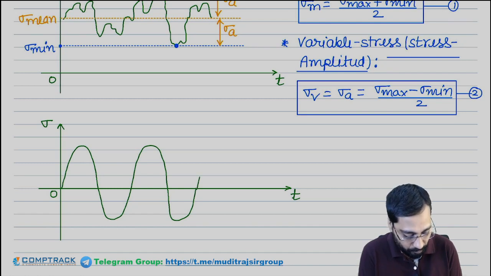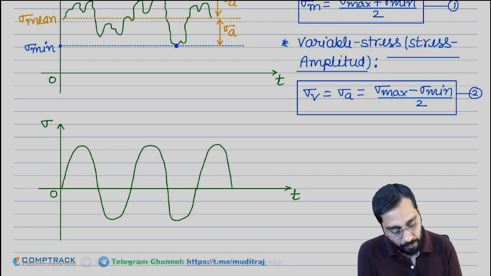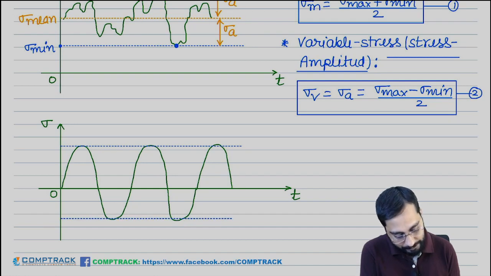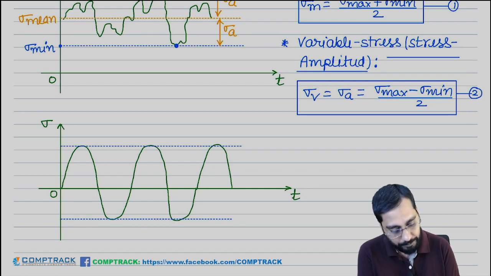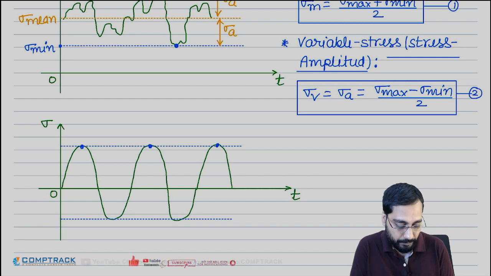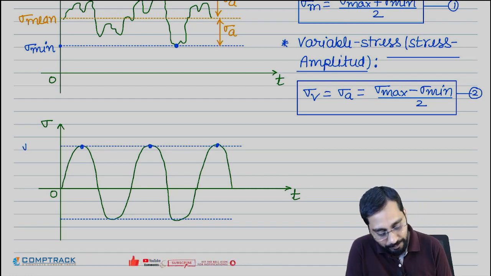So this side the stress is maximum, and this side stress will be less, or you can say minimum. All these peak points we are considering equal, and this side the stress will be maximum.